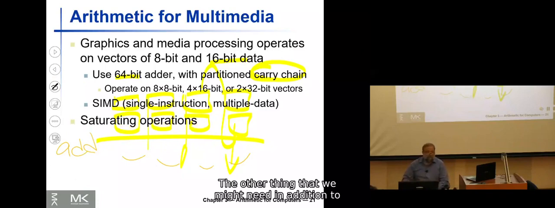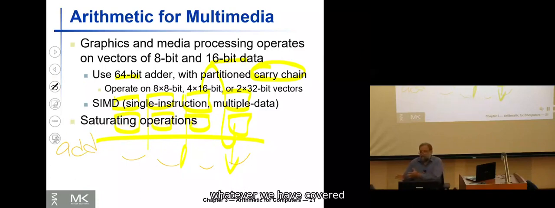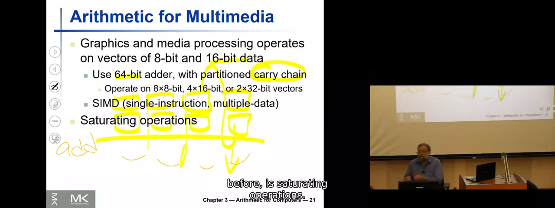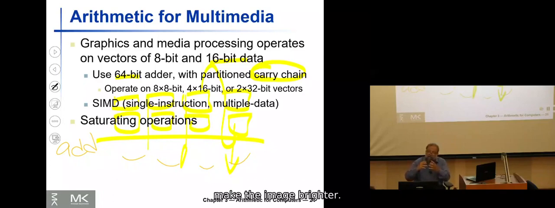The other thing that we might need, in addition to whatever we have covered before, is saturating operations. For example, again in multimedia, if there is a pixel and you are working with intensity values, and you would like to make the image brighter, to make the image brighter, you add to the intensity values.